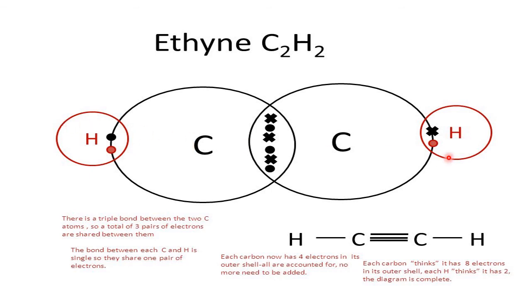Both hydrogens attained the duplet, because hydrogen cannot go for the octet, because hydrogen itself is the first member. Only one electron is here. It cannot go for octet. Only it can go for a duplet. Okay, whether it is duplet or octet, it is the reason for what? Stability. So all 4, 2 hydrogen and 2 carbon, have attained the stability by going for the electronic dot structure.